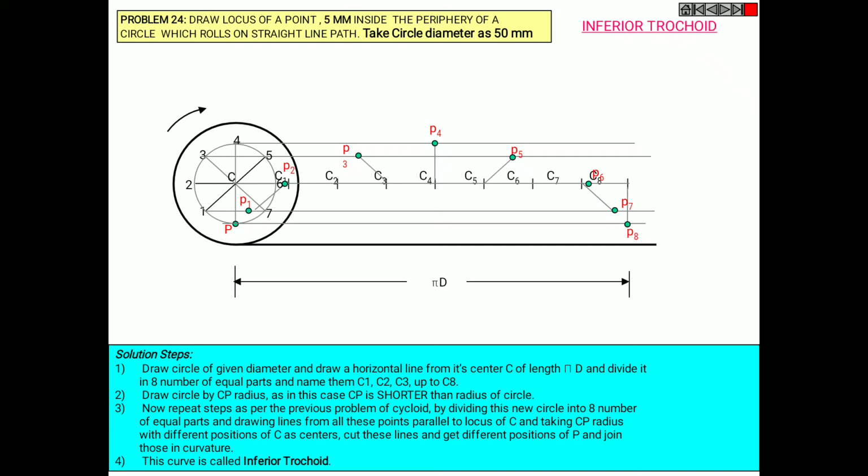Join all these points smoothly to get your required curvature, nothing but a trochoid. So this is your required trochoid, inferior trochoid. Is it clear? Okay, we'll see it again.